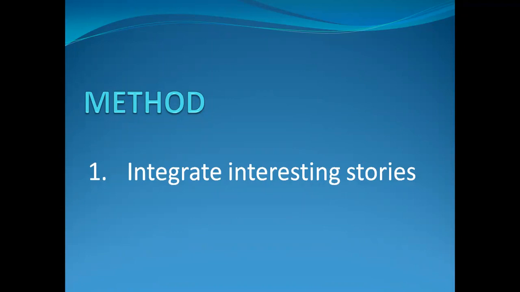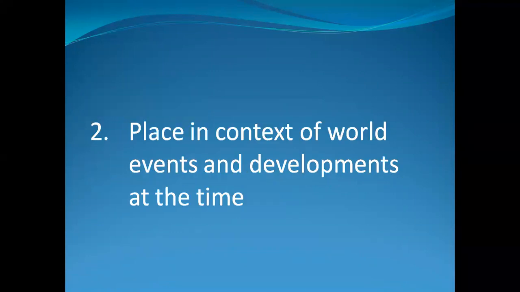Then the next thing that you need to remember when you teach history of music is to place it in context of world events and developments at the time. The thing is, if you do it like this, learners will realize that music history is not isolated from other events, and it will actually help them to study it.